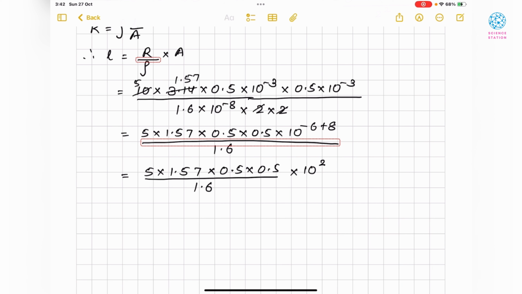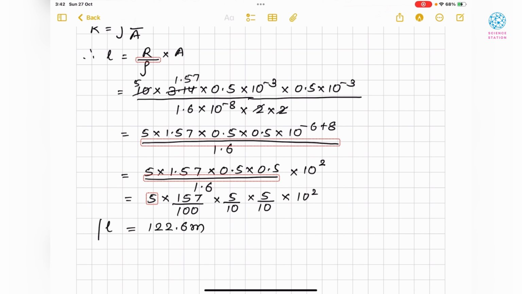So now I am removing the point from 1.57 also. So 157 upon 100 into 5 upon 10 into 5 upon 10 into 10 square. So that is coming to finally 122.6 meter.